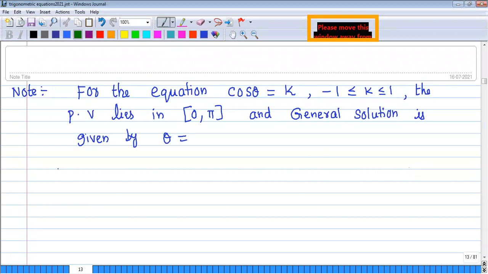So let us proceed for the proof. Let alpha be the principal value of cos theta equals k.